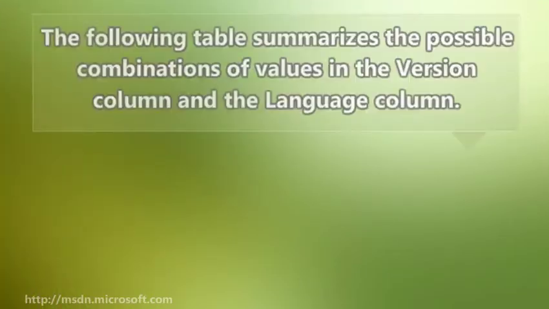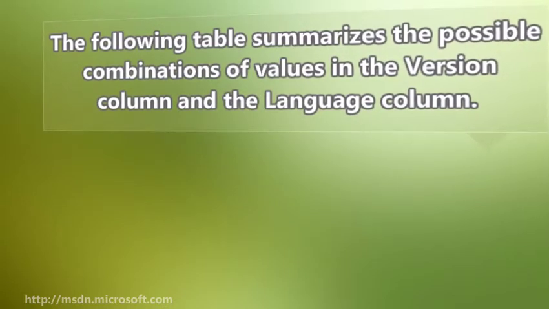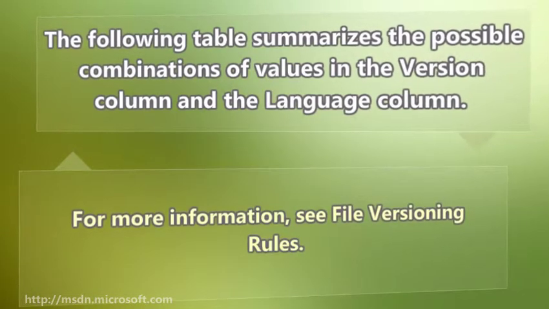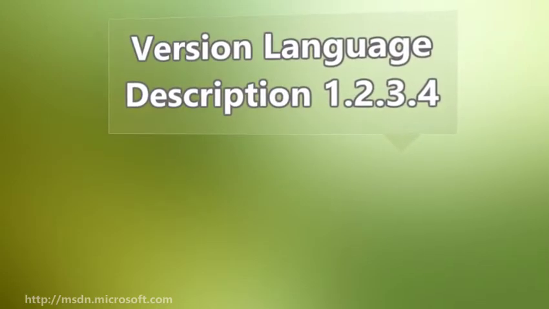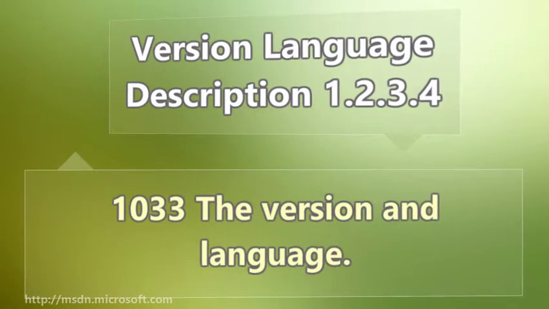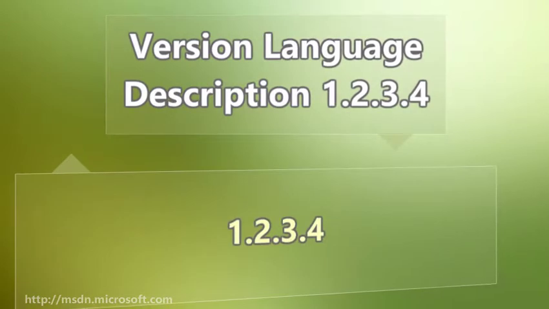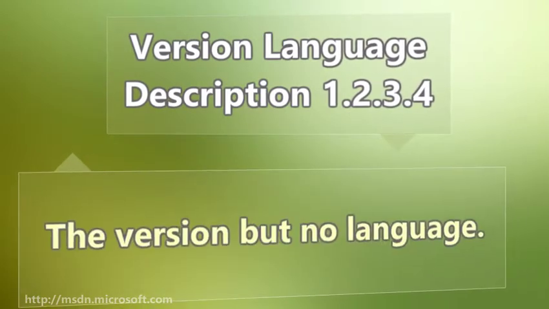The following table summarizes the possible combinations of values in the Version column and the Language column. For more information, see File Versioning Rules. Version 1.2.3.4, language 1033: the version and language. Version 1.2.3.4, no language: the version but no language.